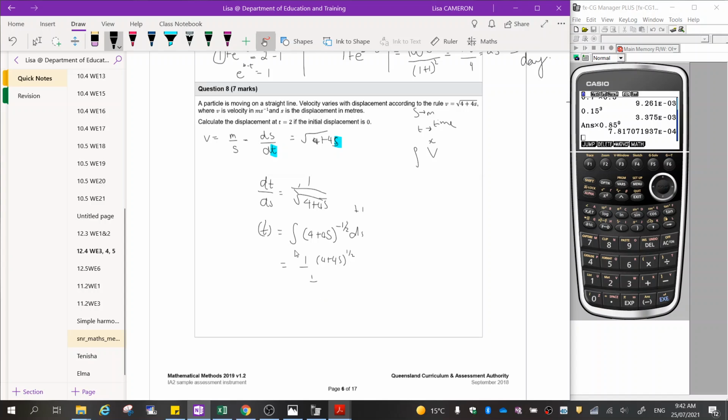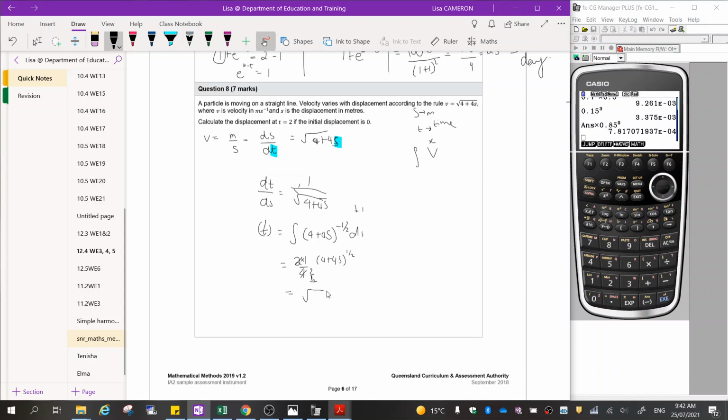Normally I'd write the 2 on the bottom, but the 2 will flip to the top like that. And then I take the derivative of this bracket, and that's going on the bottom, so the 4 will go on the bottom. Okay, the reverse chain rule is written down somewhere. I've forgotten what the formal rule is because we do it differently in specialist maths. And so that's how I think. Okay, so cross them out and we're left with 2 on the bottom.